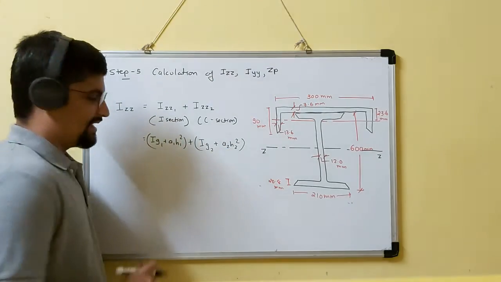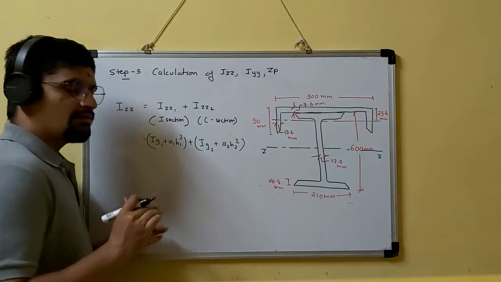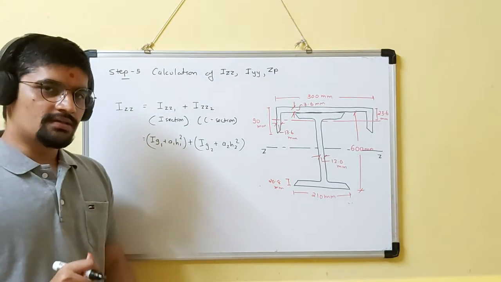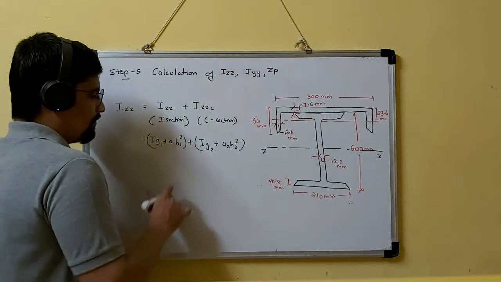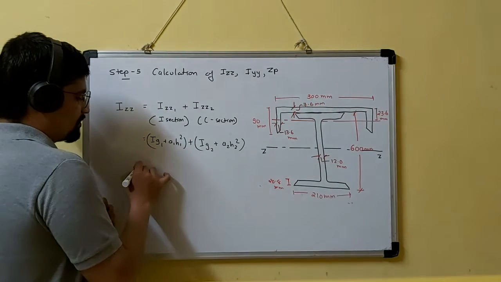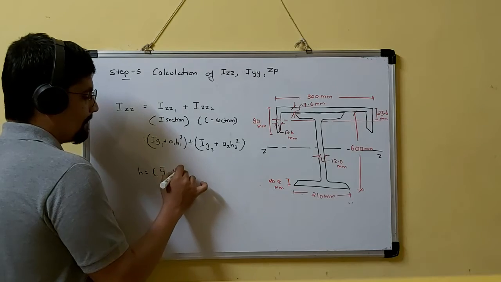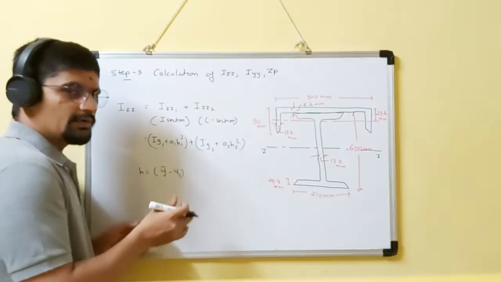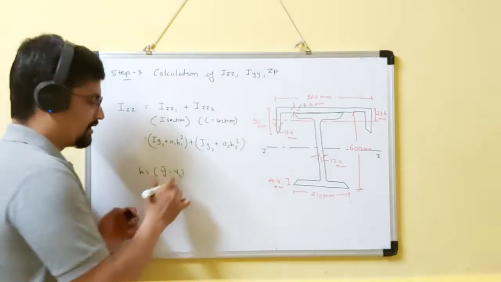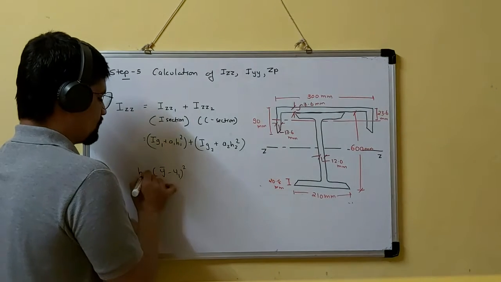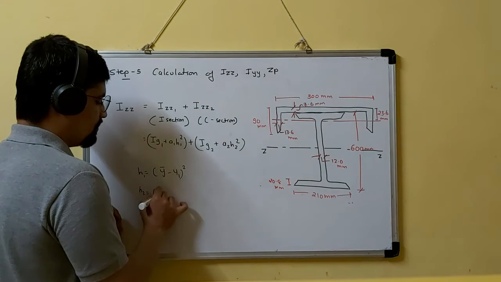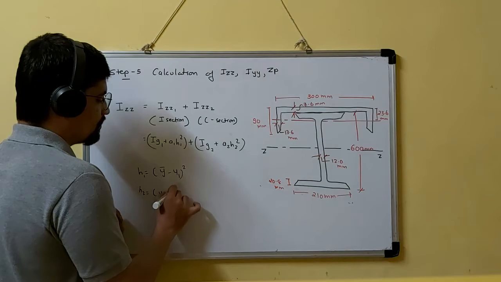Ig1 means the given moment of inertia in the steel table. Here H means Y bar minus Y1, or whichever is greater we put in the formula. So H1 is Y bar minus Y1, and H2 will be Y2 minus Y bar, whole square.